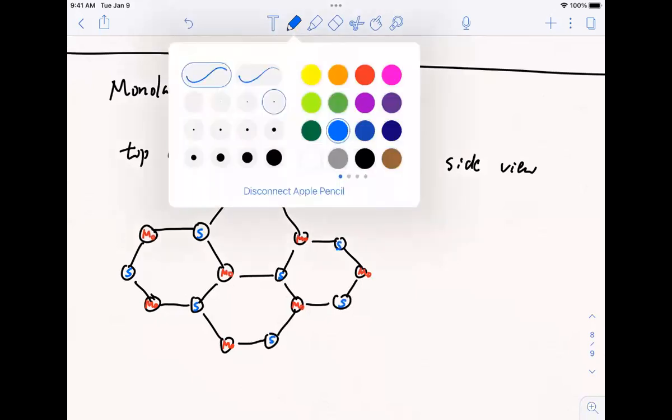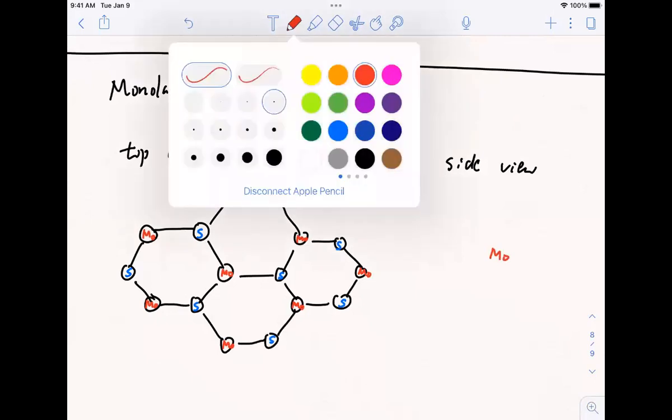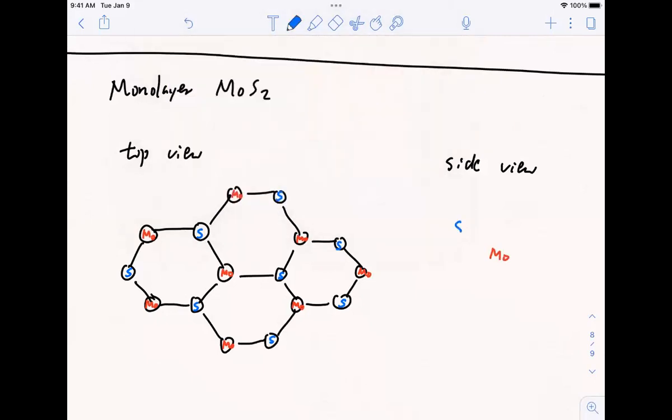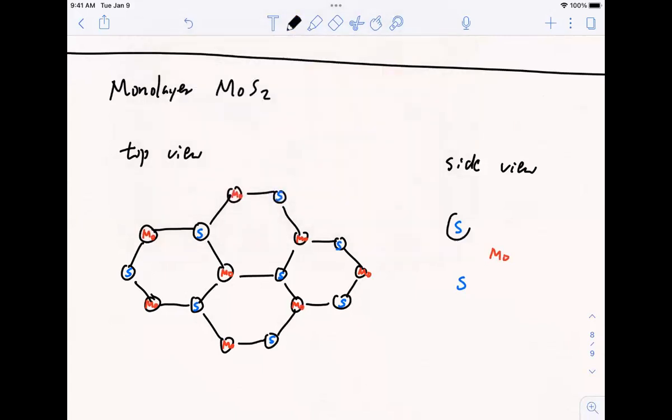So on the side view, you actually have one Mo atom, and then you have the S atoms. So basically, you have a graphene lattice, but for every S site, you have one S atom on top and the other on the bottom. Is that okay?